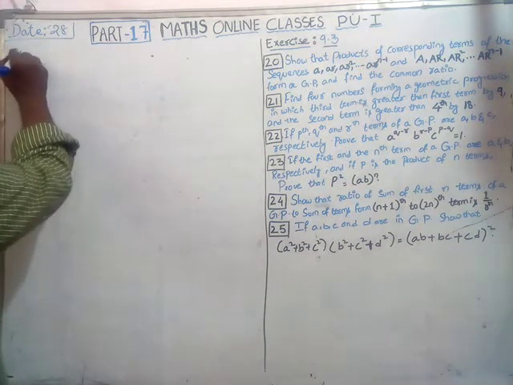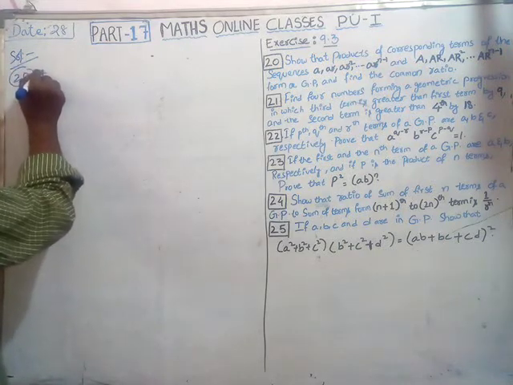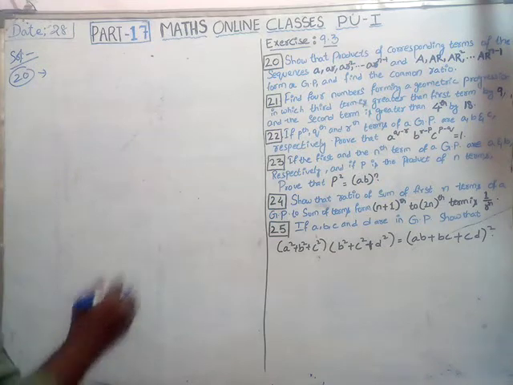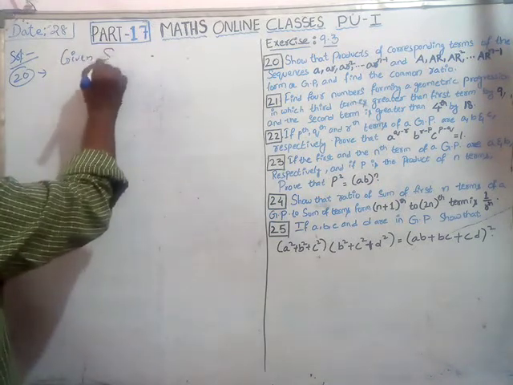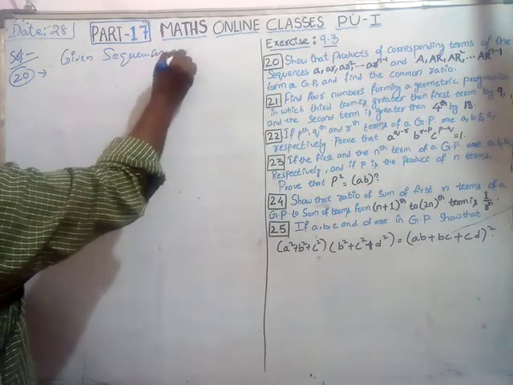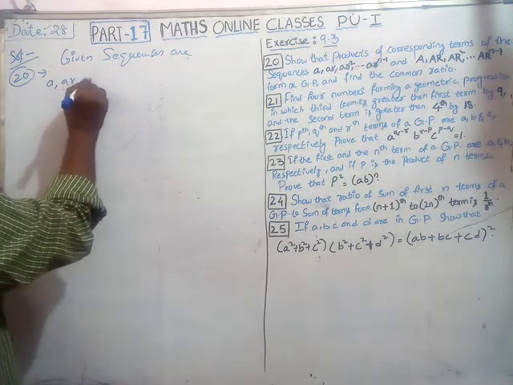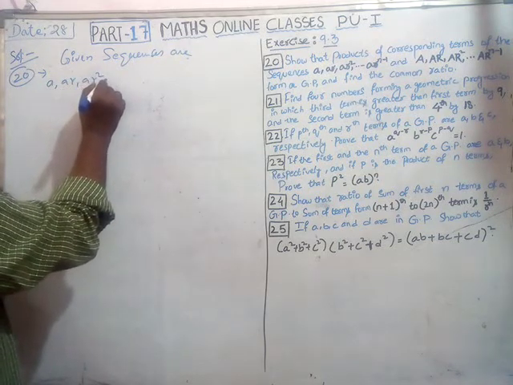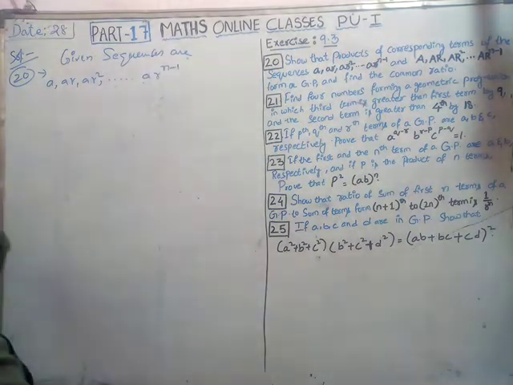Solution. This is the 20th question. Given sequences are A, AR, AR square, and so on up to AR power n minus 1.